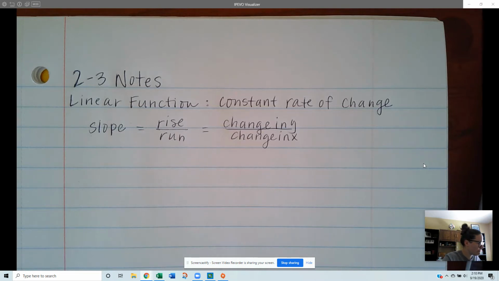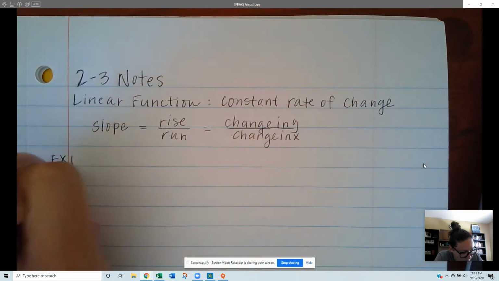So let's say that I'm given a table. Example 1.